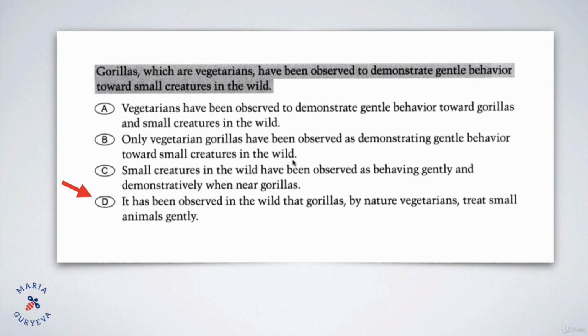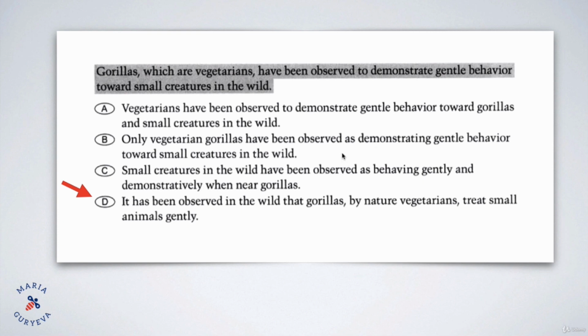You see why this sentence is funny? It says that only vegetarian gorillas are nice to small animals. And so the other gorillas, which are not vegetarians, which eat meat, are not nice to small animals. And this is wrong because we know from the original sentence that the gorillas are all vegetarians.